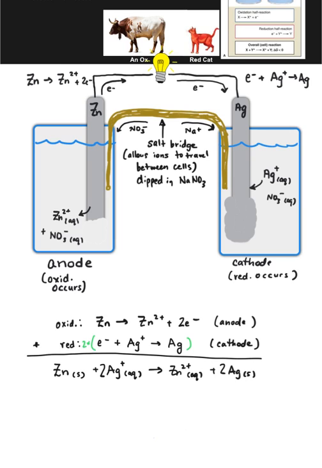To accomplish this, we could write down the standard reduction potential, or E, for each half reaction. E naught is a standard reduction potential.